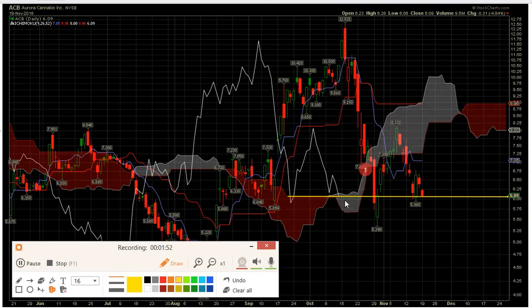We call it the Kumo shadow, and especially this red line, which is called the Senko Span B. It is the slowest moving indicator in the Ichimoku system, and therefore it offers the best support and resistance levels to watch out for. So this is where there's going to be a battle between buyers and sellers, and right now it looks like the Kumo shadow is actually giving some kind of a support here. So that would be very bullish, and I'm going to check that bullishly.